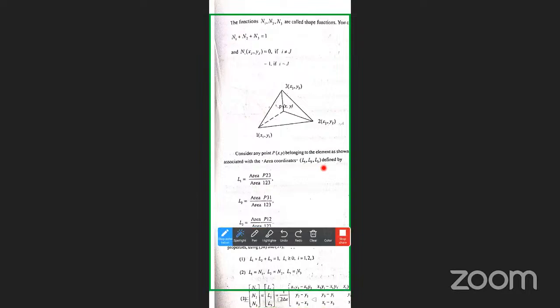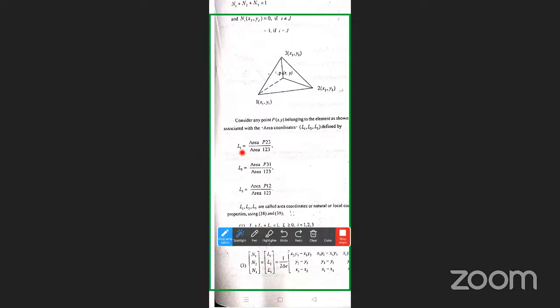The local coordinates are defined as follows. L1 is defined as the area of the triangle P, 2, 3 divided by the area of the total triangle 1, 2, 3.